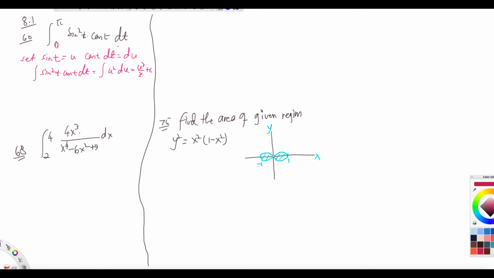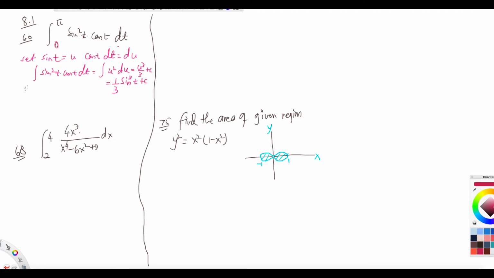Now I'm coming back to the sine. I got 1/3 sine cubed t plus c. But what is the limit though?